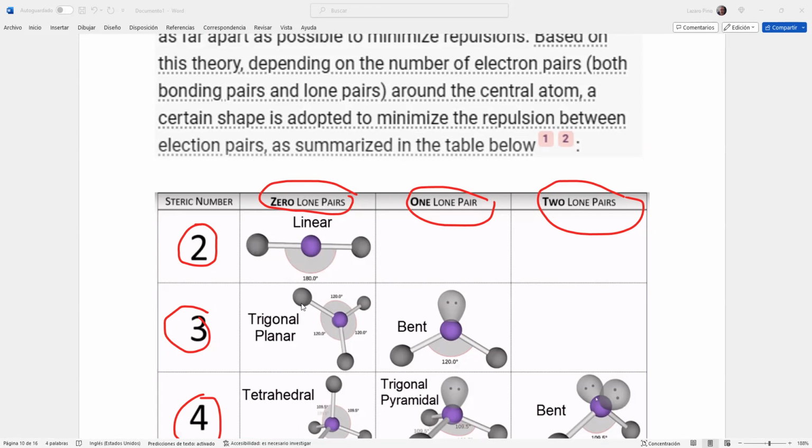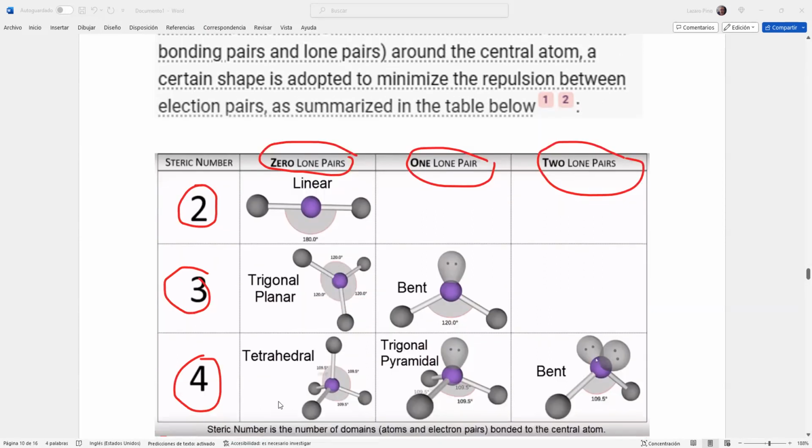Look, in this case, you have 3 groups. Then the best way you can separate them as much as possible is making a trigonal planar structure. In this case, it is a tetrahedral.